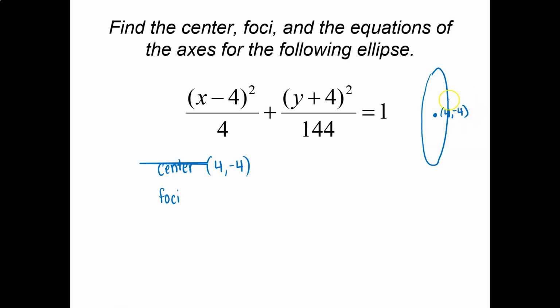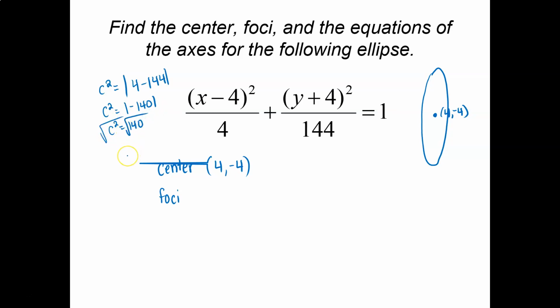And I always draw myself a little picture here because it's going to help you not only on the foci but the axes as well. So to find the foci, I've got to do c squared equals, we're going to subtract the 4 minus 144, which is going to give me -140. So that, of course, is just 140.